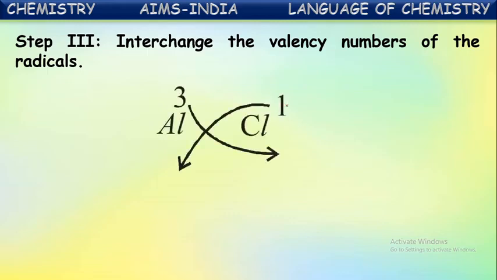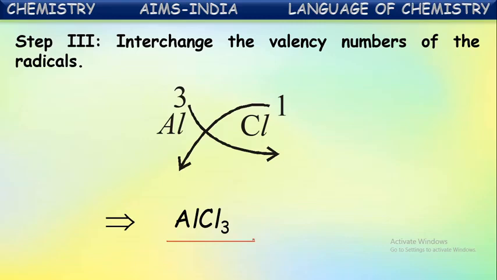For aluminium, the remaining 3 is written at the right bottom of chlorine, and this 1 is written at the right bottom of aluminium, and hence the formula becomes AlCl3. As it is 1 at the right bottom of aluminium, we do not write it. If it is 1, there is no need to mention it. So finally the formula of aluminium chloride is AlCl3. The chemical formula of the compound formed by aluminium and chlorine is AlCl3.